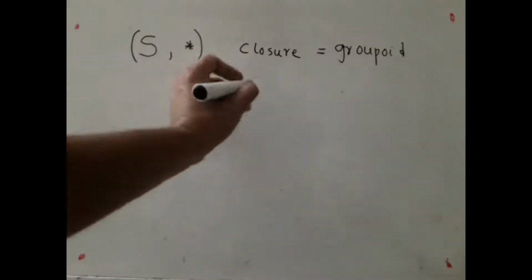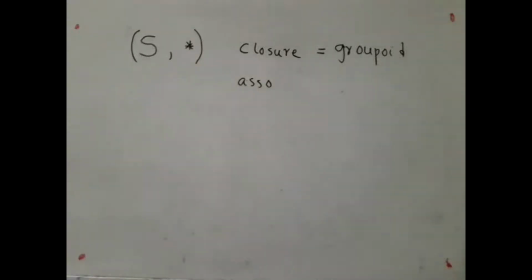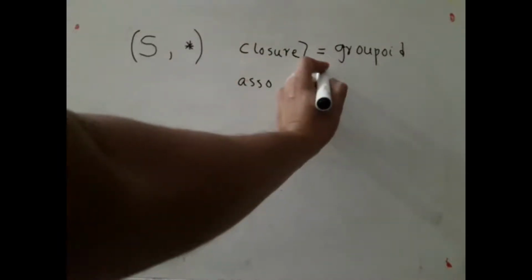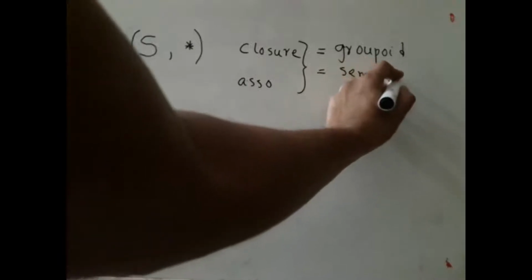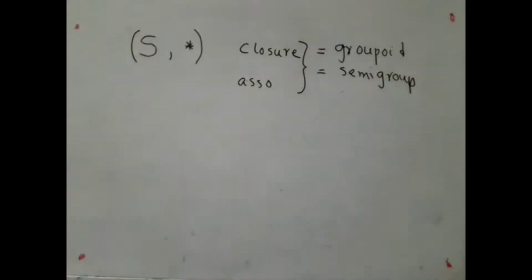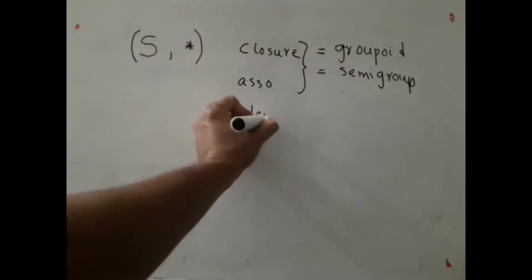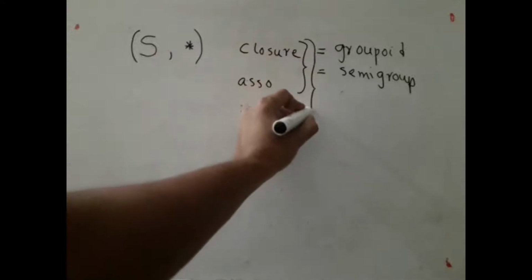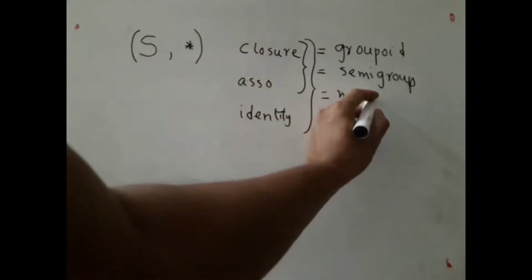So, we put the next condition, which is associativity. If that is the case, immediately we get a more useful thing which we call a semi-group. Pretty useful thing. If further we have the existence of identity, then we get what is called a monoid.